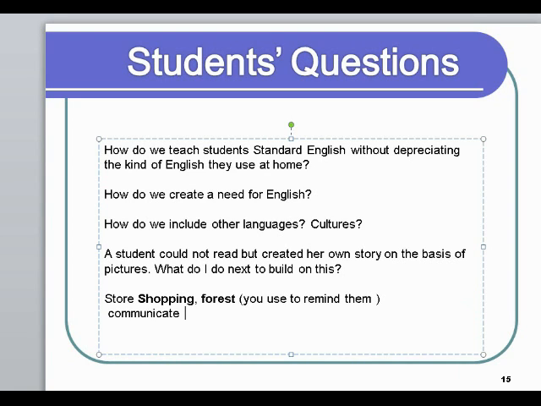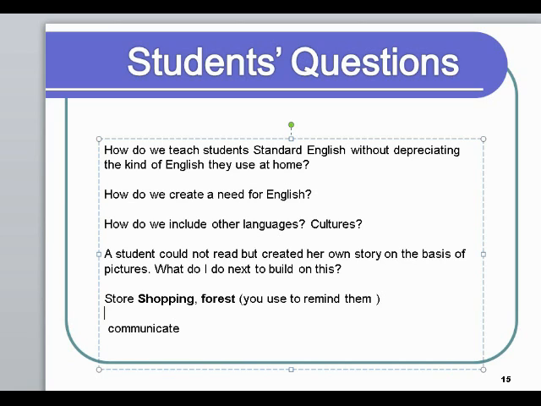and engage children in recreating the activity that the first girl did, creating their own stories.